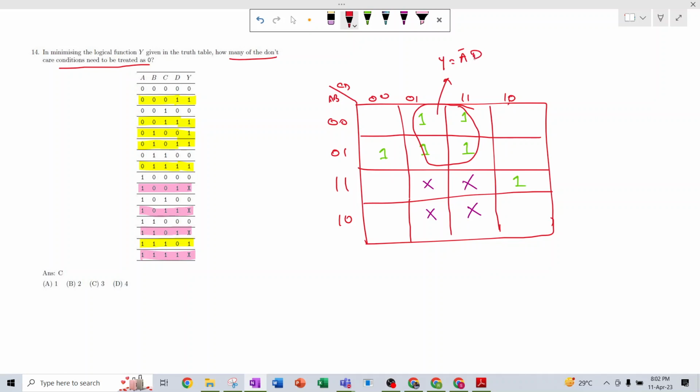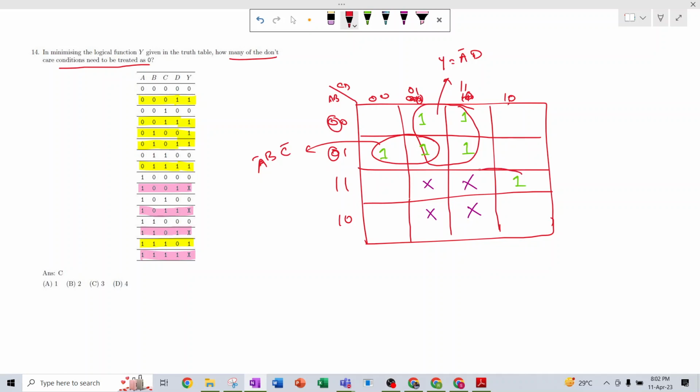So a bar d, from here. Yeah, this is a bar and this is d. If we form this, we get a bar b, and then it is 01 and 00, and this is 11, 10, so this will be c bar.